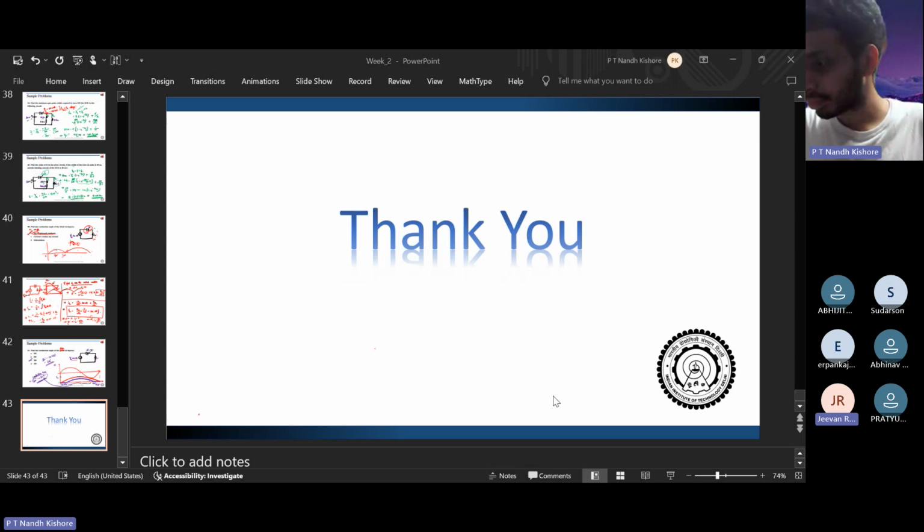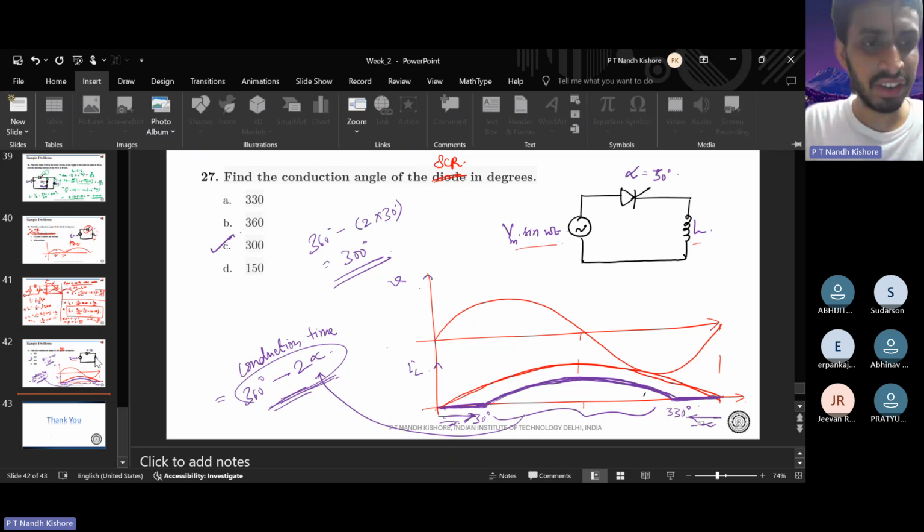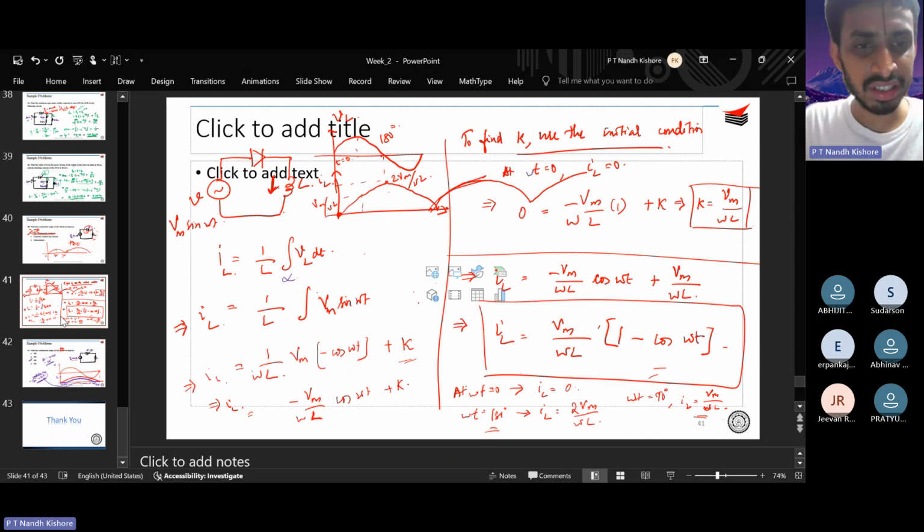SCR alpha angle. Yeah, sure. Actually, I'm not going through the entire derivation. I will ask you to do the derivation, but it is pretty simple. Just that over here, the initial conditions are going to change, because it's an SCR.